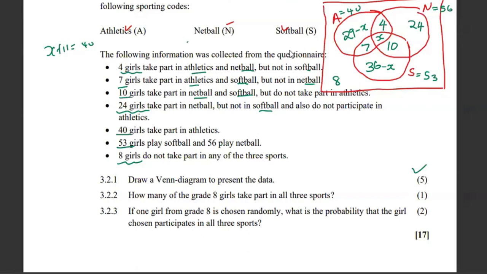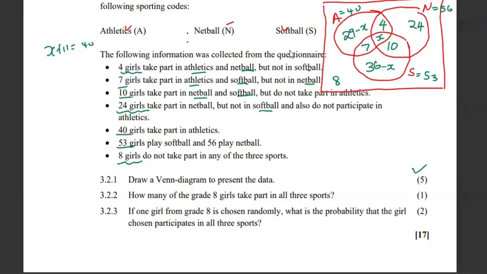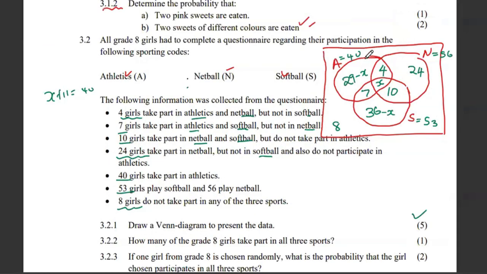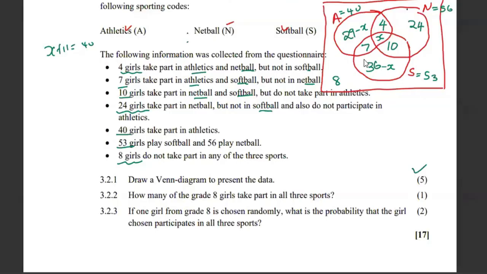Then 3.2.2, how many of the grade 8 learners take part in all the 3? Now you can add everything and equate it to the total number, but do we know the total number? We don't. So the easier way is to use the set of netball. X plus 4 plus 10 plus 24 must give us 56.